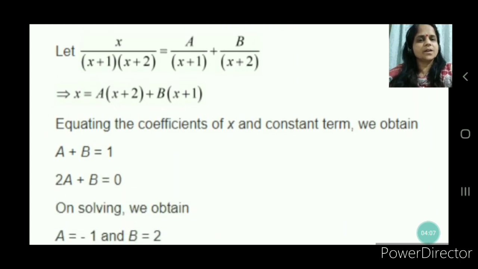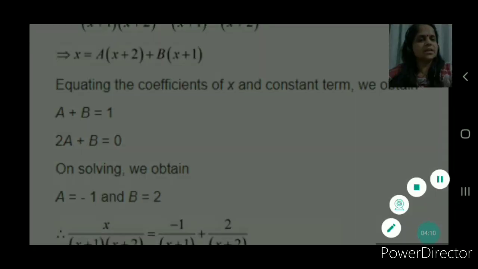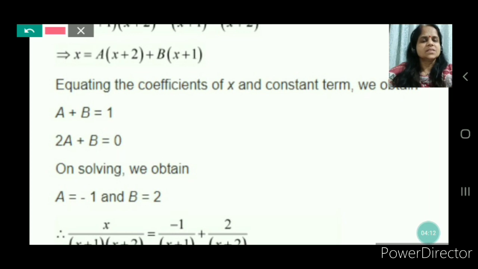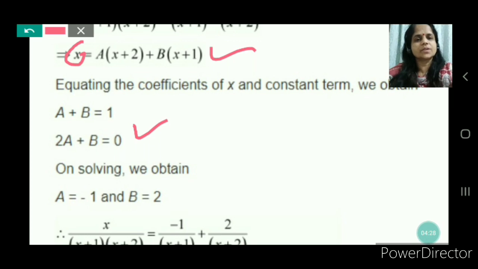Now by equating the constant term, here 2A and here B, so 2A plus B, and on this side there is no constant term, so take it as 0. Now you have two equations, solve them by elimination method or any method. So you will get A is equal to minus 1 and B is equal to 2. Now substitute the values of A and B in the given quotient.